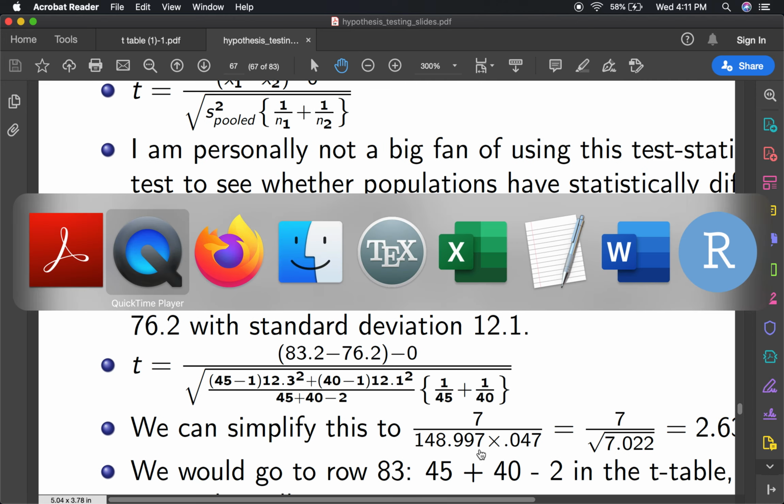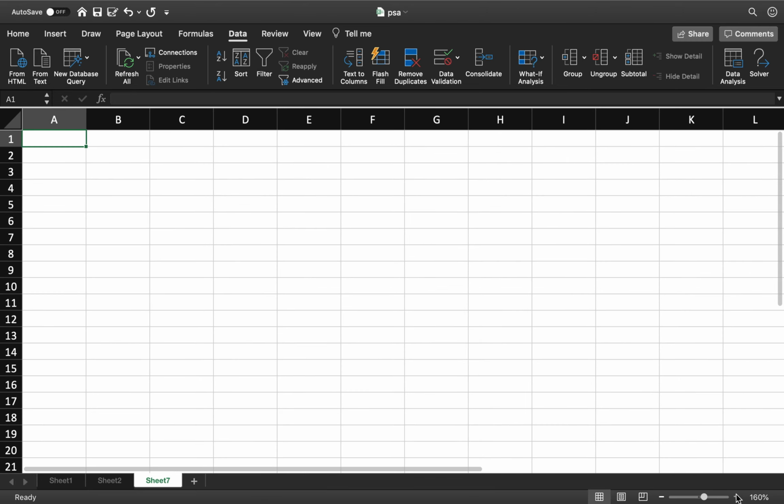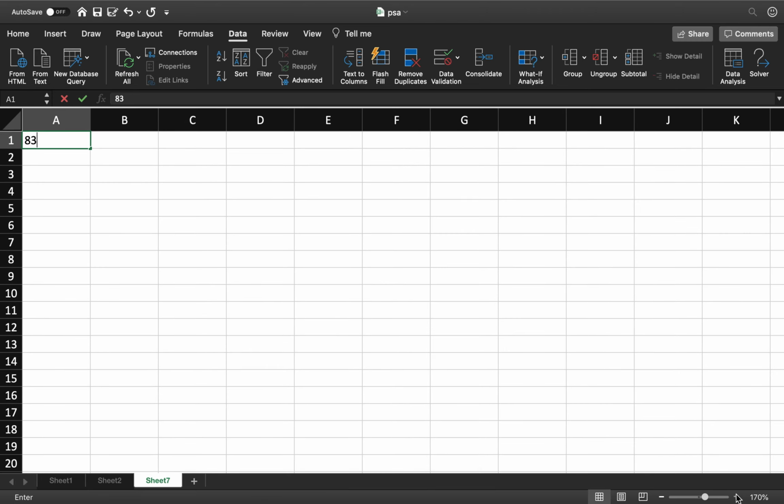Okay, so let me go to Excel and just show you how best to approach calculating this test statistic. So here's the information in the problem. 83.2 is the 11 a.m. mean. The standard deviation was a 12.3.